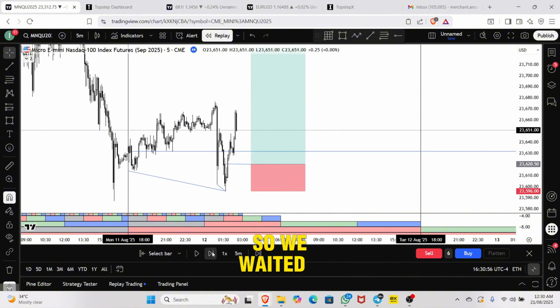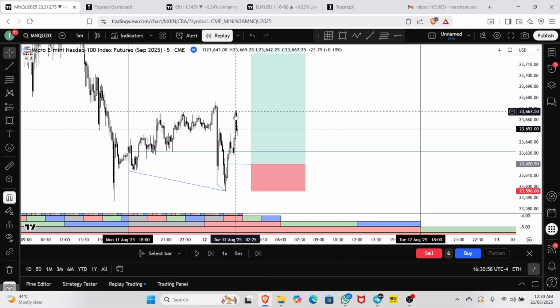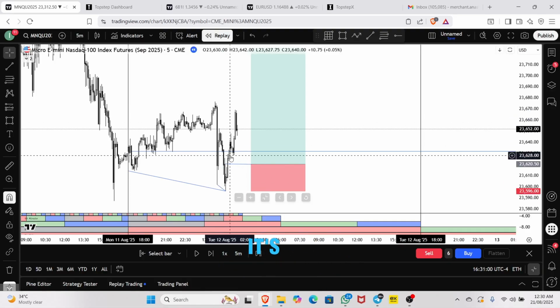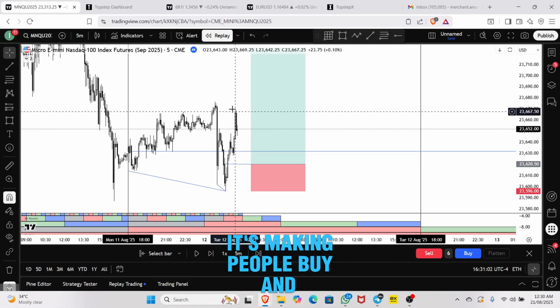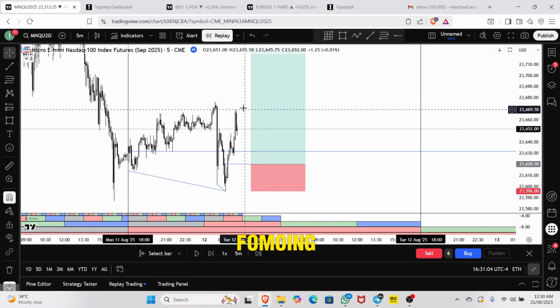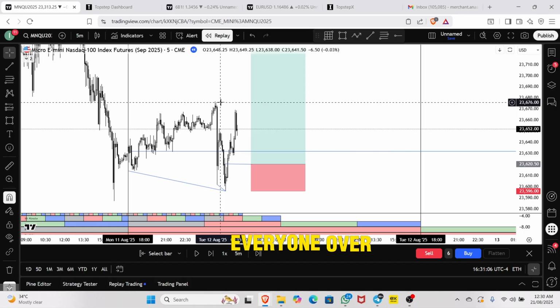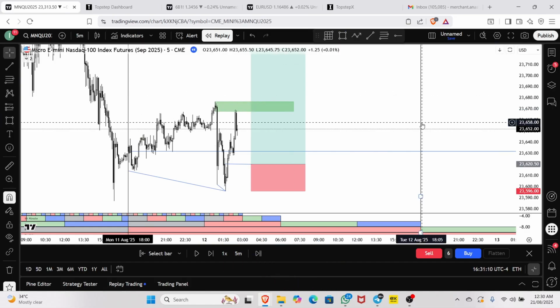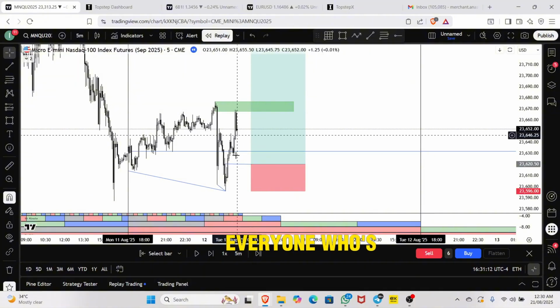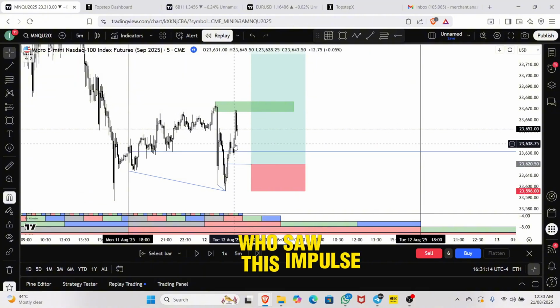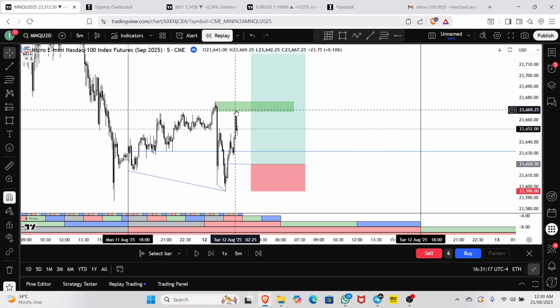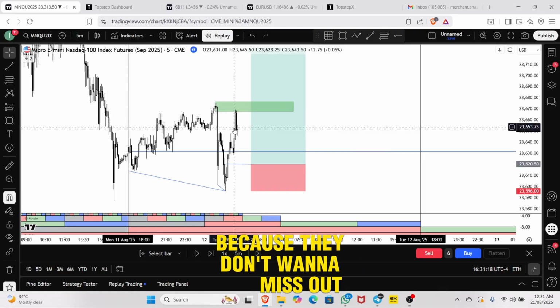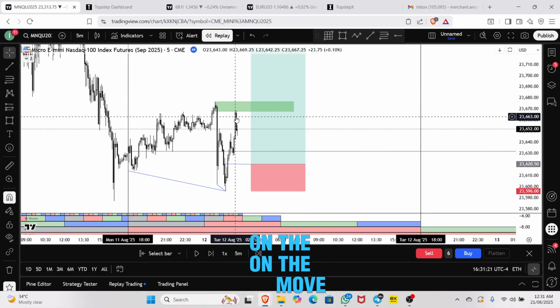So we waited again. Here we went above. Now what the market is doing is making people buy and sell, FOMOing here and there. Everyone over here wants to sell. Everyone who saw this impulse move wants to buy because they don't want to miss out on the move and they want to make money.